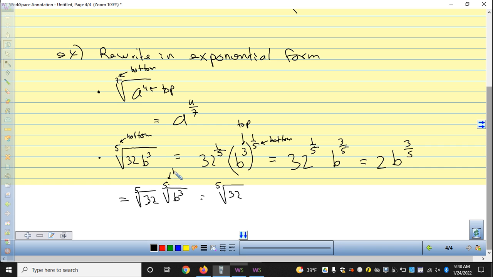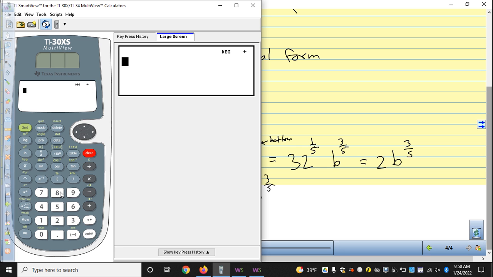This is the bottom, this is the top. So I get b to the 3/5. And then here in my calculator, I would do the 5th root of 32. So I can find the 5th root of 32 in a different way. To do that, I'm going to do 5, then I'm going to get that little x square root thing.